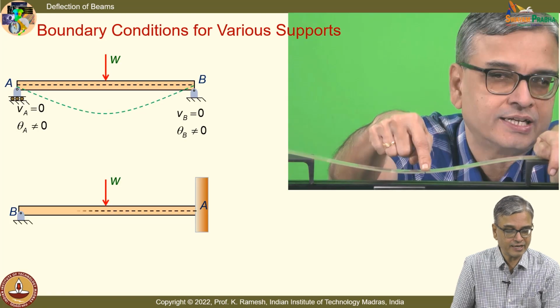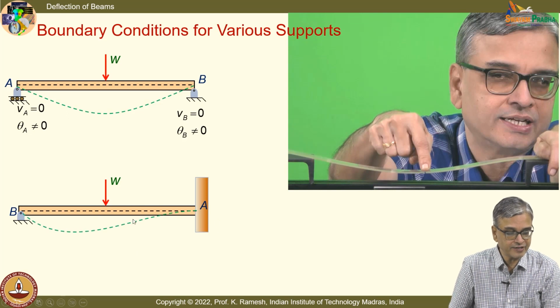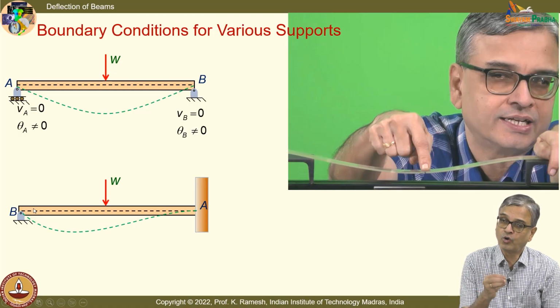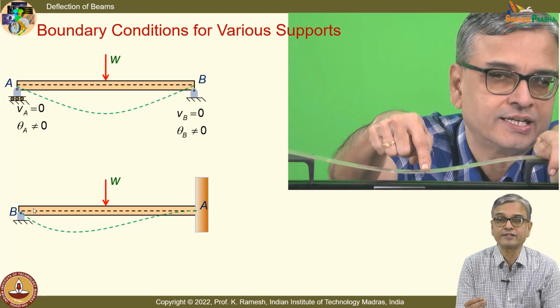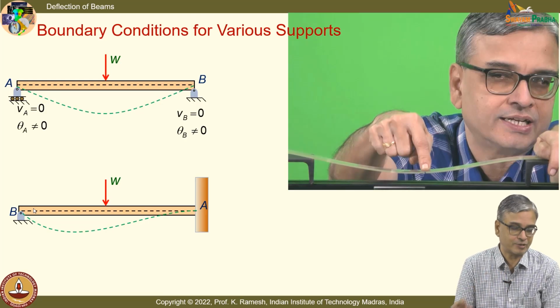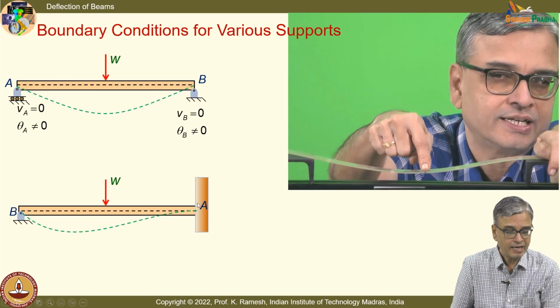So when I go to a cantilever beam which is fixed, you should be sufficiently comfortable in drawing this deflection curve for known loadings like what we have seen in the class, but also for unknown loadings. The issue here is how do you handle the support? What happens in a support? If I have a fixed support, the displacement, that is the deflection, is 0, as well as the slope is 0.